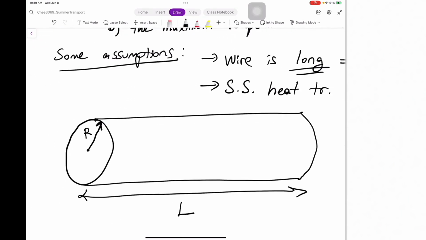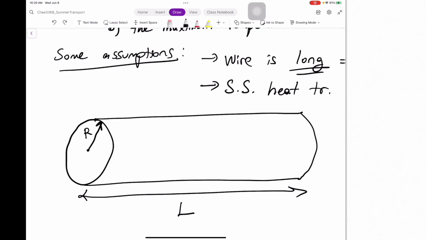Now here's the thing that most of the students actually get confused about. Going from slab geometry to cylindrical geometry, one thing you need to appreciate is your shell is not going to look the same as in the slab geometry. So I'm not going to take the shell like this, because I need to take the shell in such a way that I have the most dominant heat transfer occurring.